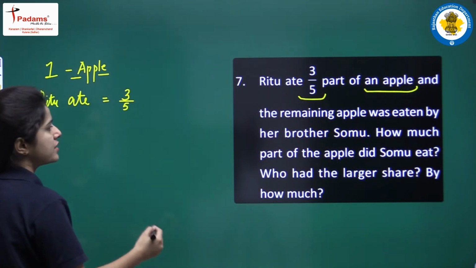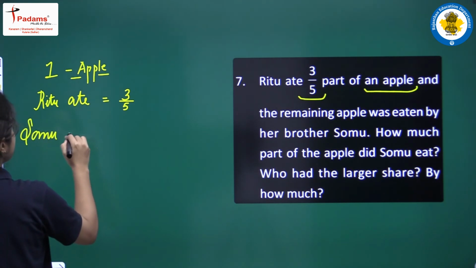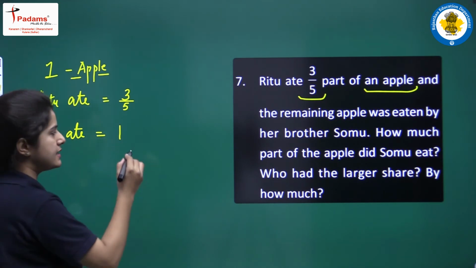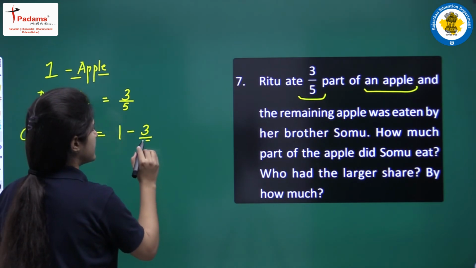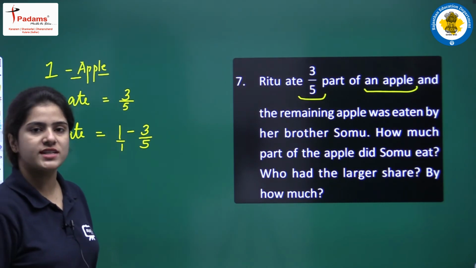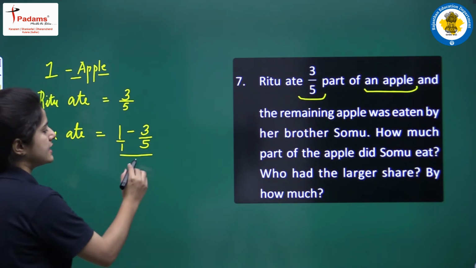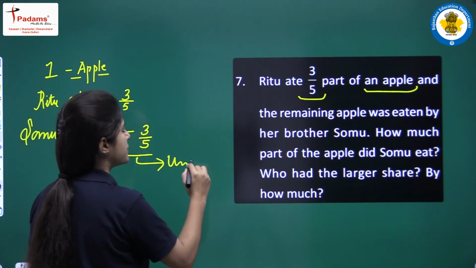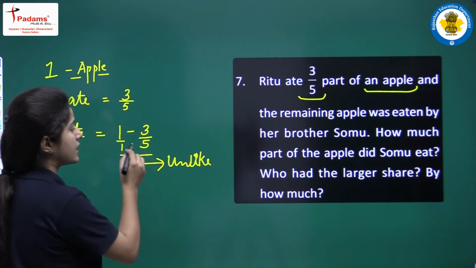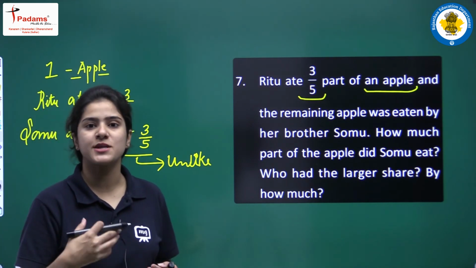So what did Somu eat? Somu ate the rest of the part. Rest of the part means 1 complete apple minus 3 upon 5, that is the part eaten by Ritu. Alright students, so in this question we can clearly see that these are unlike fractions, so we can't solve them directly, right? So we'll convert these unlike fractions into like fractions by taking the LCM of the denominators 1 and 5.